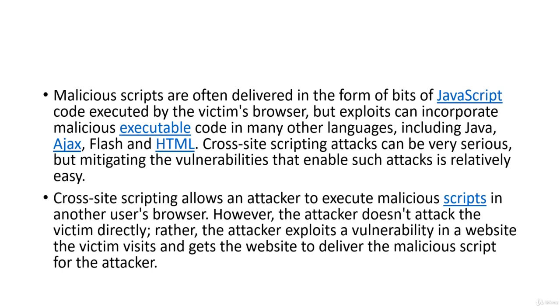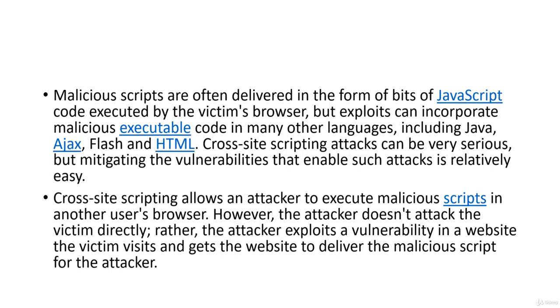Next, malicious scripts are often delivered in the form of bits of JavaScript code. That means JavaScript code will be injected as malicious code into the victim's browser, and it can be combined with executable code in many other languages. JavaScript is a front-end language and Java is a backend language, so there is a relation between the front end and the backend. The front end is used to deliver the content of the backend.